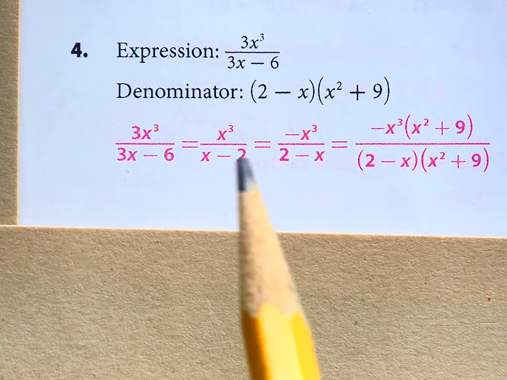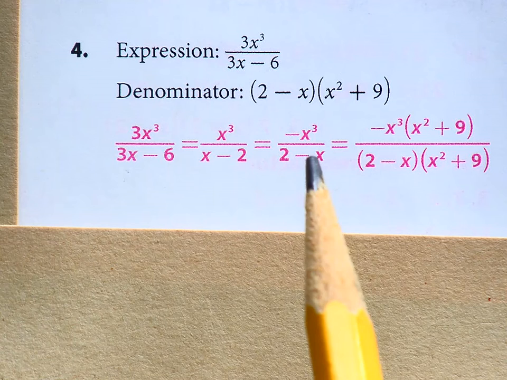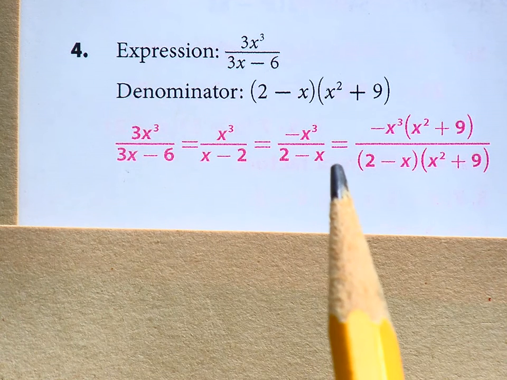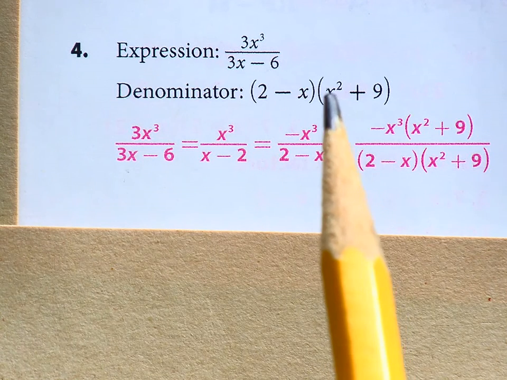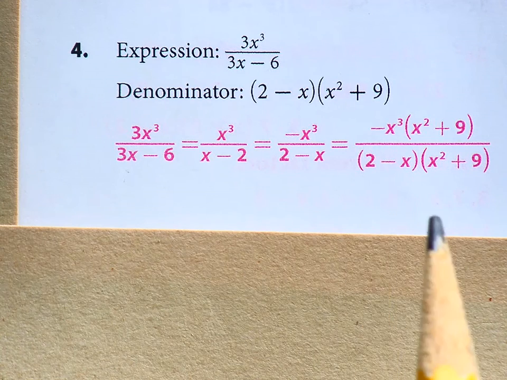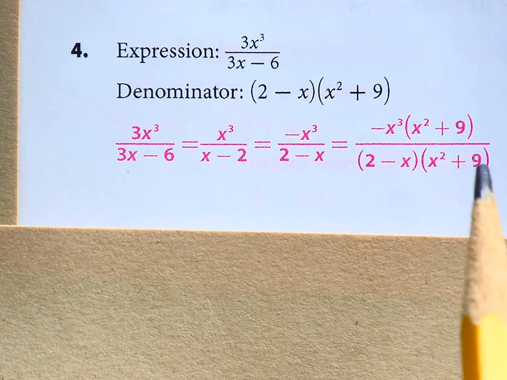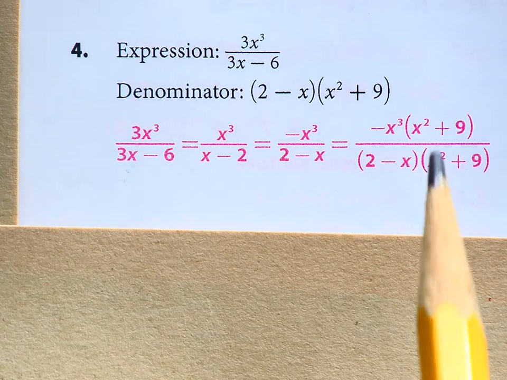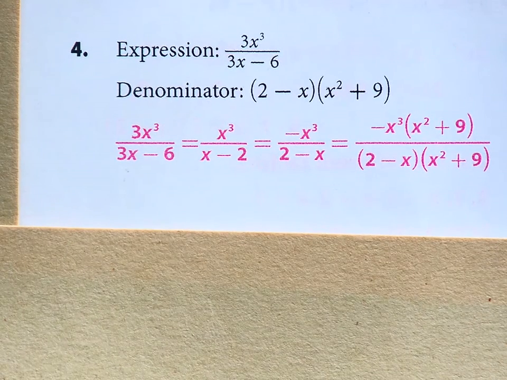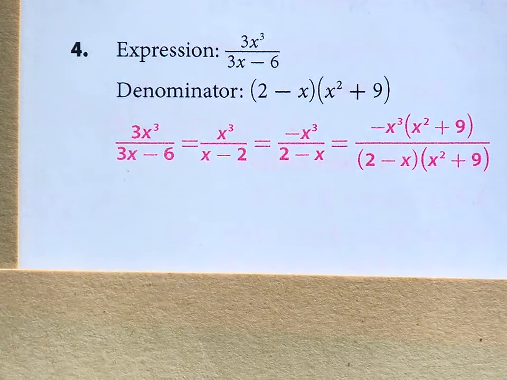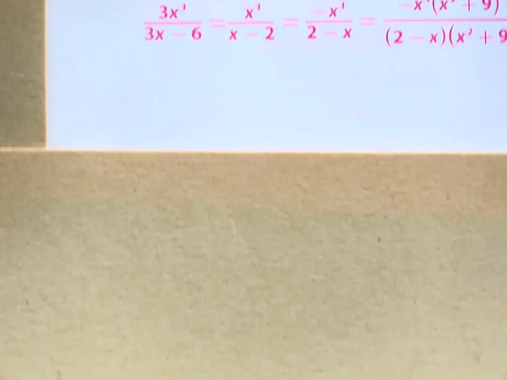So we did as much as we could with the denominator that we had, and then we multiplied by the unit factor to get what else we needed in the denominator in order to be able to create the desired denominator.